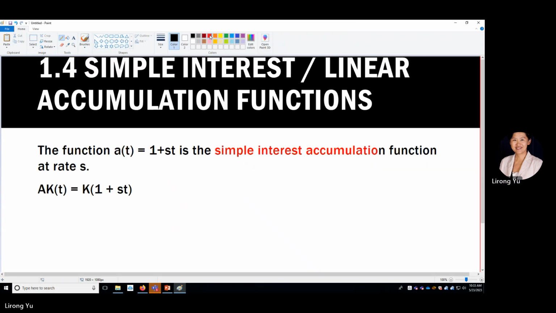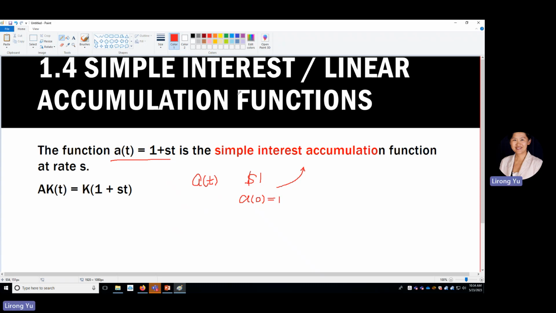All right, so this is the accumulation function. Remember, the accumulation function a of t assumes you got $1 and it's been growing to a of t. So a of t is comparable to $1, bigger than 1, but relatively similar to 1. Another thing we know is that a of 0, the initial value of the accumulation function, is 1.